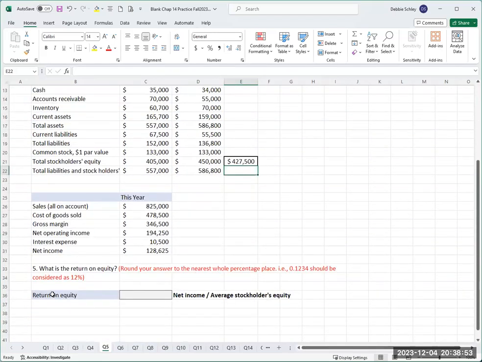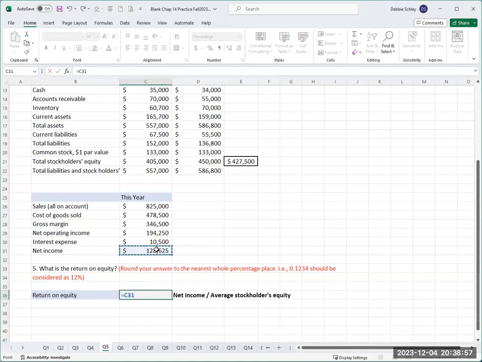Okay. Return on equity is going to equal net income divided by average stockholders' equity. Don't get confused and choose liabilities and stockholders' equity. It's just stockholders' equity. Be careful on that one. And again, we're rounding to the nearest whole percentage place.